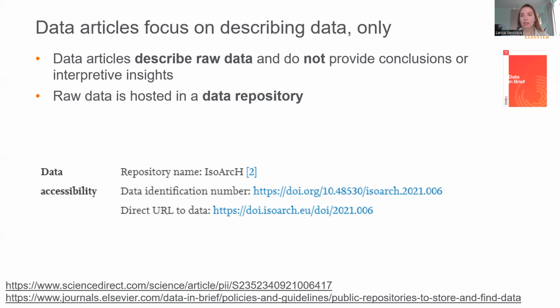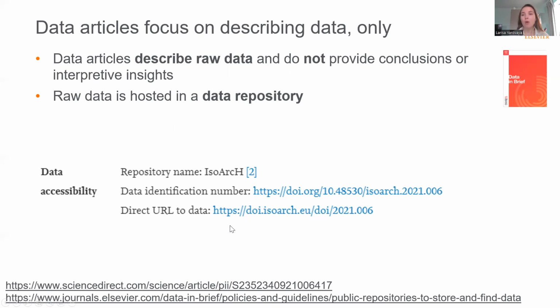Also, the main point of a data article is that the raw data is hosted in a data repository, and both the article and the link to the data become available online, with a data identification number and direct URL to the data. Therefore, it makes your data easily accessible by the academic community, available for replication and for further research.